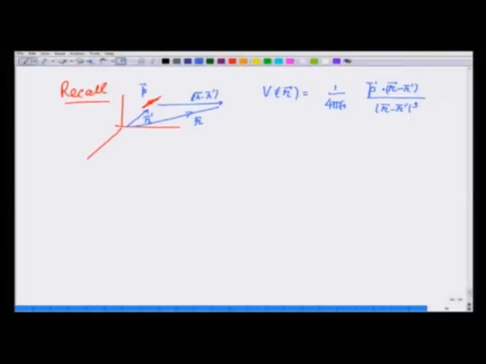This is one of the assignment problems I have given you earlier. We had calculated the electric field in a lecture, but calculating potential due to a point dipole is much easier, and that I have given as an assignment problem.